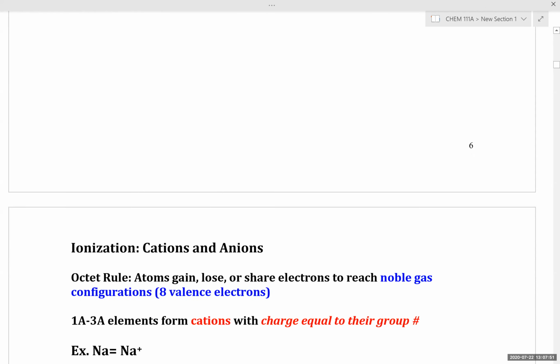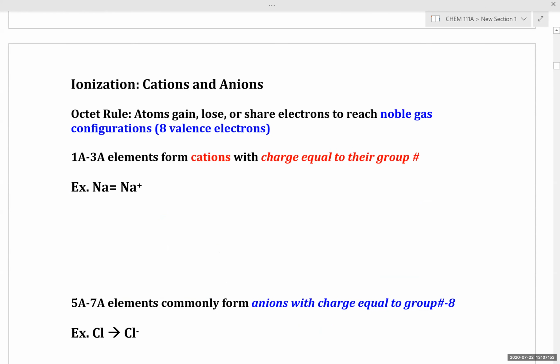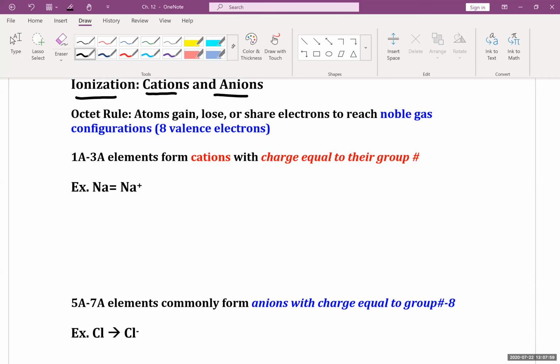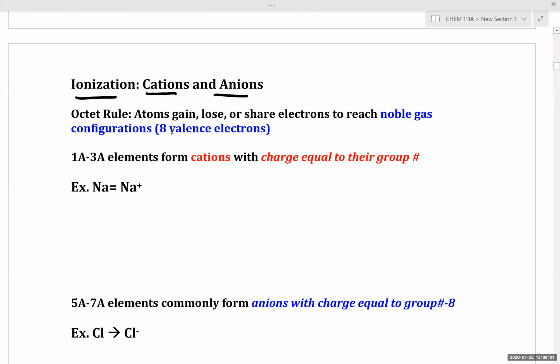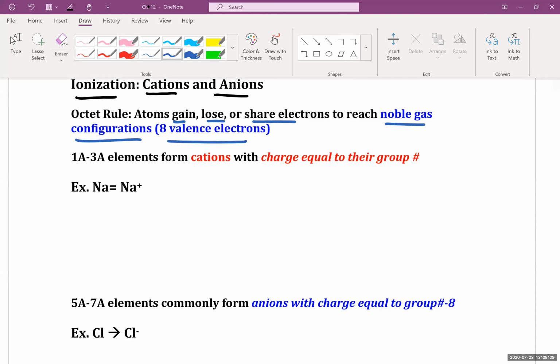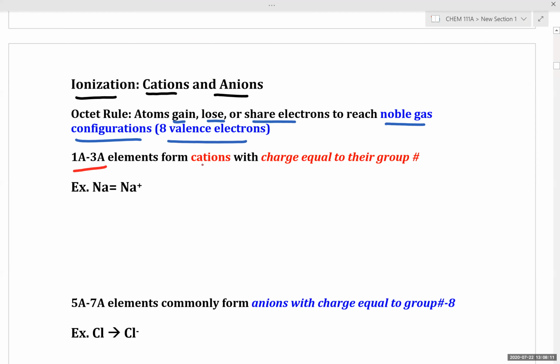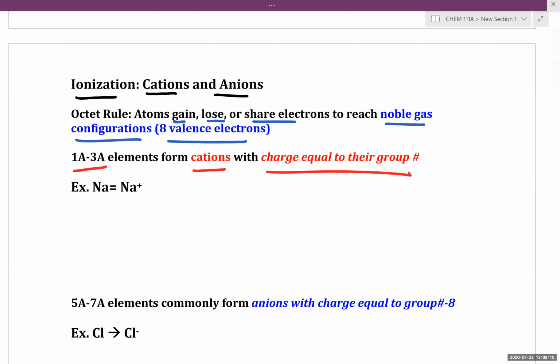So we know elements in the same group have the same number of valence electrons. Let's now look at ionization trends for cations and anions using the octet rule. So we know in the octet rule, atoms gain, lose, or share electrons to reach noble gas configurations, which are 8 valence electrons. This is why 1A through 3A elements form cations with charge equal to their group number.